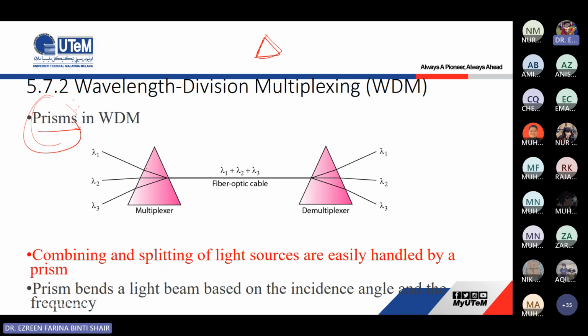So this prism can actually bend the light beam. This is the first light beam, second light beam, third light beam. This prism can actually bend these signals in order to become a single signal like this. So WDM actually follows the concept of a prism.